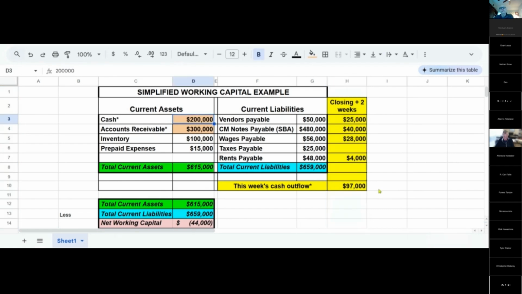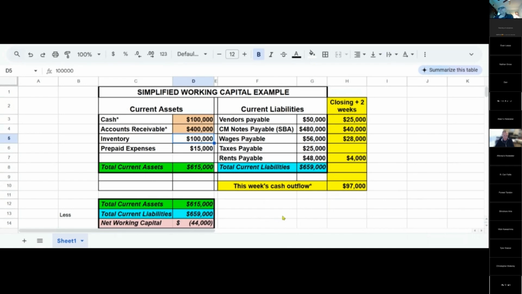Let's say you go in right before closing, and the seller tells you, I'm going to leave you $100,000 in cash, but not 200 like we talked about 2 weeks ago. But I'll leave you 100, and I'm going to leave you another $100,000, so you'll have 400,000 in receivables.